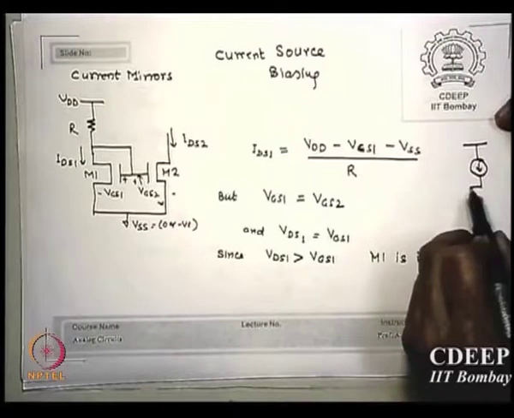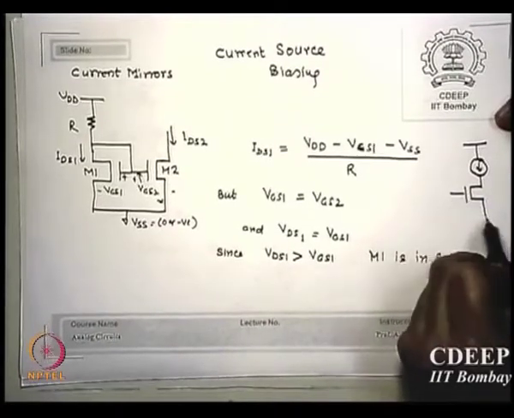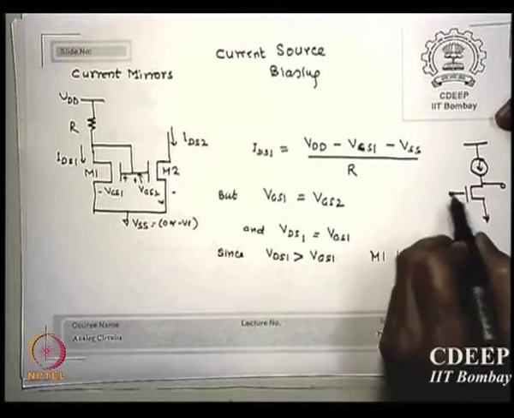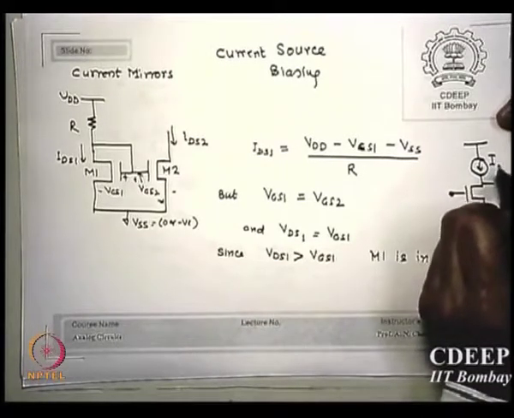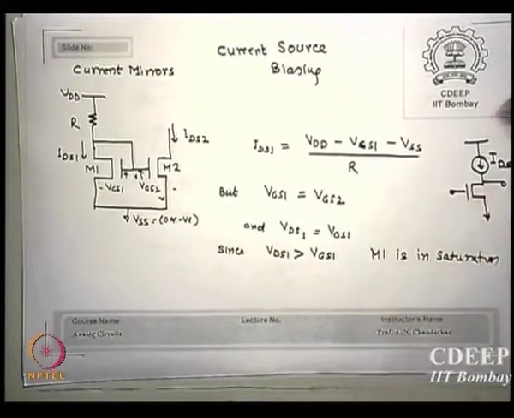Do you recollect this amplifier? On the first day I showed you a MOS amplifier and I said it is biased by a fixed IDS. This is called current source biasing. That is, the DC current in the transistor is fixed. That is why it is called a current source.